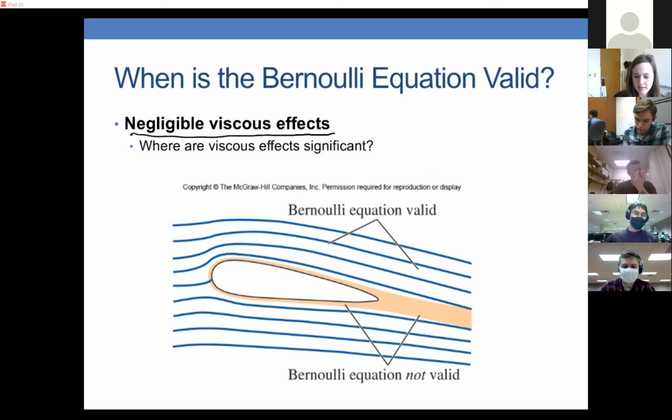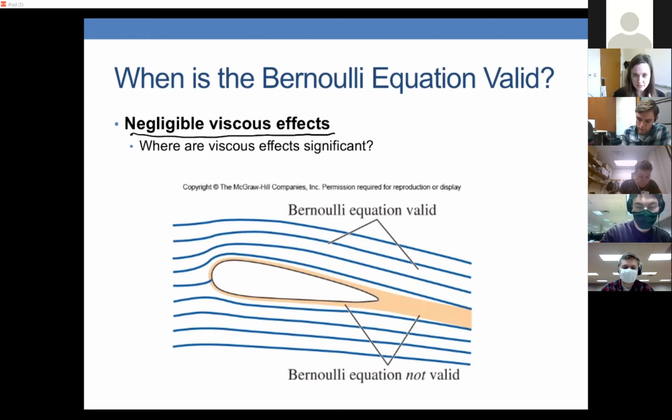So I just said that when viscous forces are large, that leads to friction. And where are viscous effects significant? Viscous effects are going to be more significant close to a solid surface.